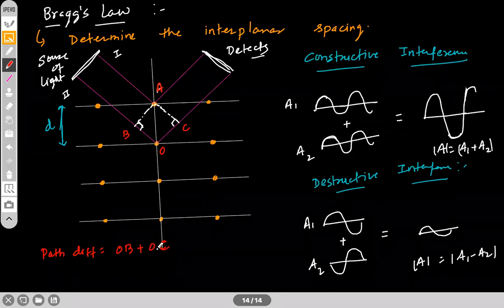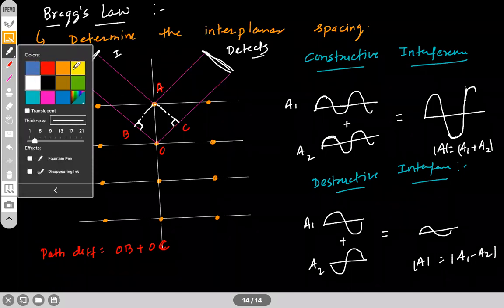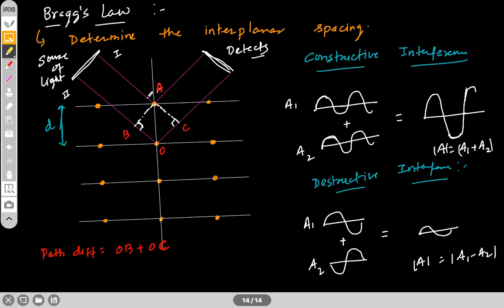The angle of incidence, the angle with which this light is coming, is theta. Hence this angle is also theta, and this angle is also theta.